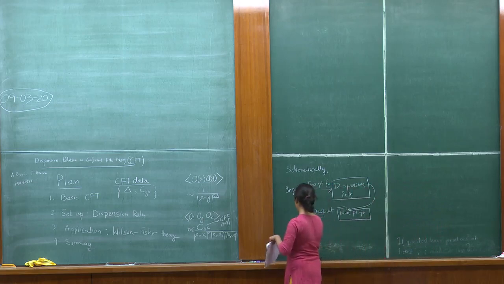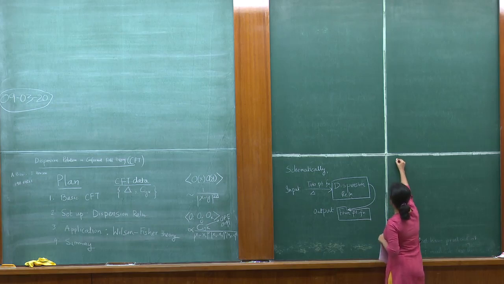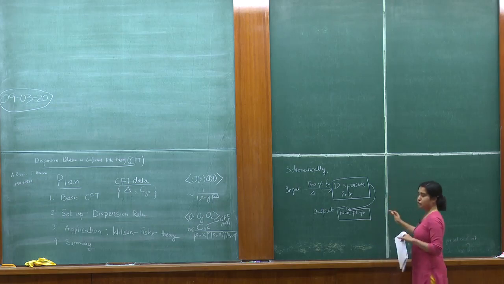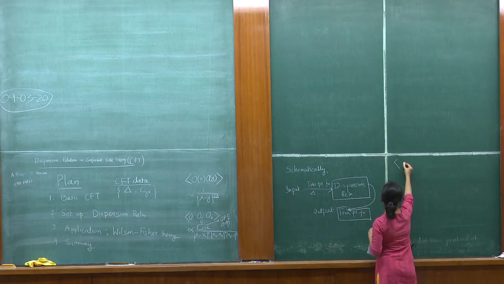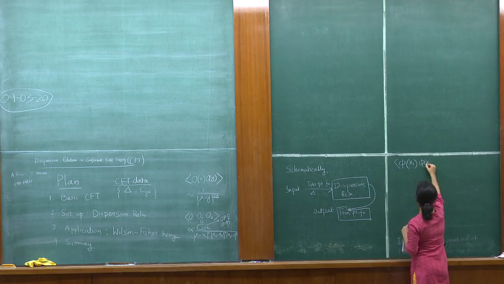Okay, so I'll consider the 4-point function of 4 scalar operators. For simplicity, we'll take 4 identical scalar operators inserted at points x1, x2, x3 and x4.